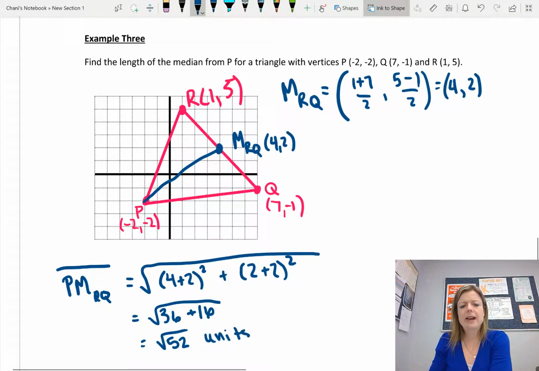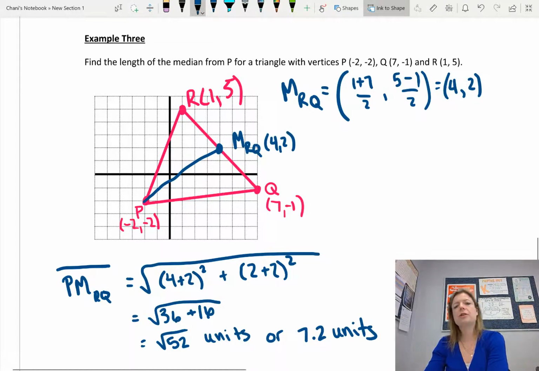Or I would say it's also good to include, in this case, about 7.2 units. Now if this were like housing and it was kilometers or inches or a lot of things, make sure you actually write the units. In this case, because no units were given, you just literally write the word units.